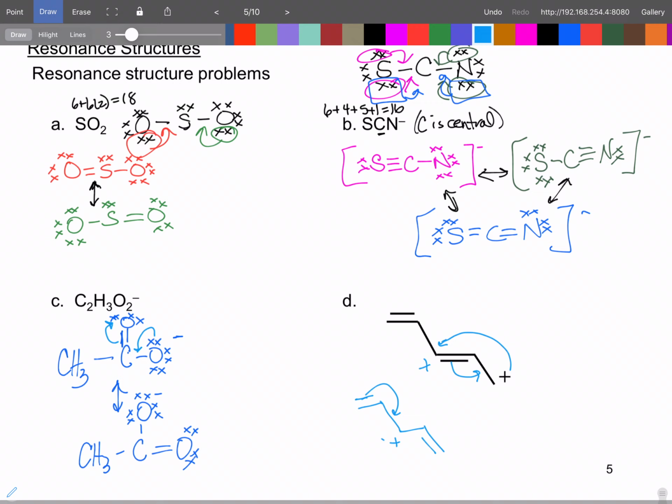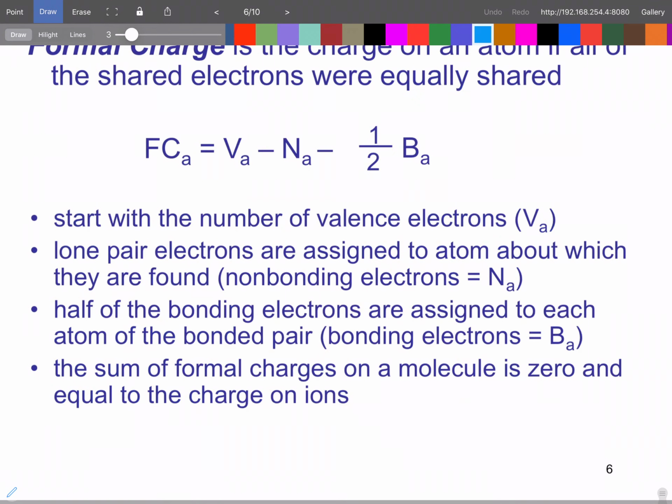I was just showing you position. So then that would give you the third position, which is this one right here. And these are resonance structures. Now, these are organic resonance structures. They are important, don't get me wrong. However, we're in inorganic chemistry. I want you to really focus on the top two. The bottom two, I just wanted to show you what you would see in the future.